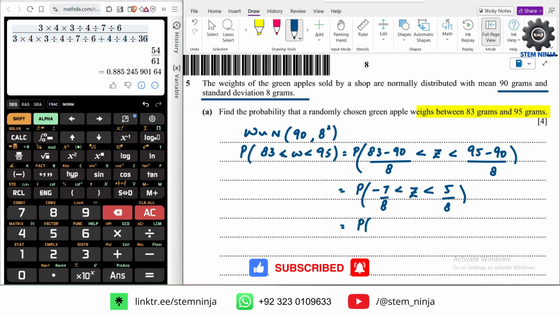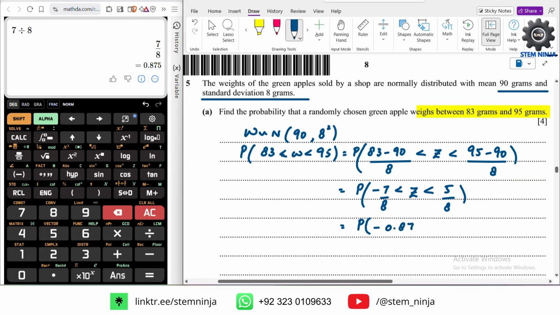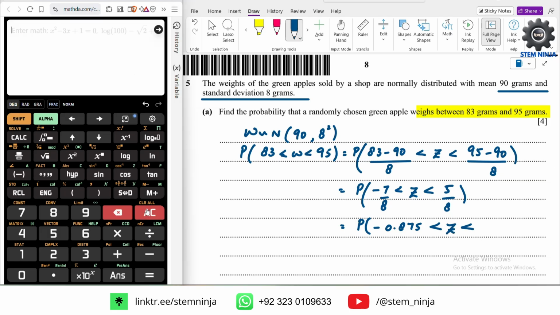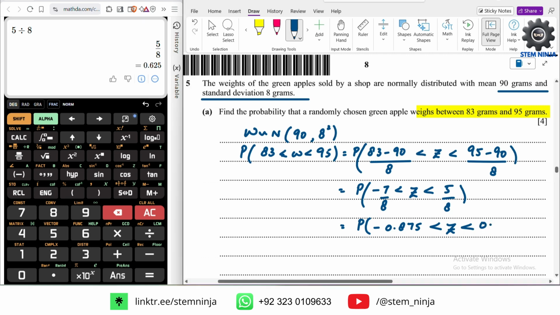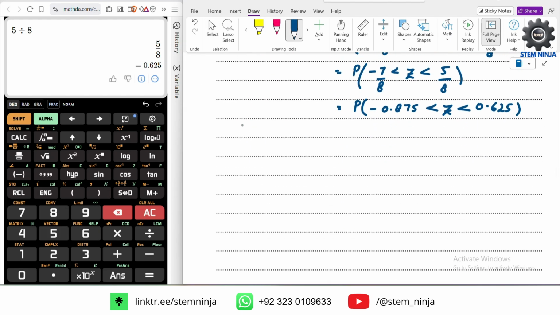So we need the values. 7 divided by 8 is 0.875 and 5 over 8 is 0.625.